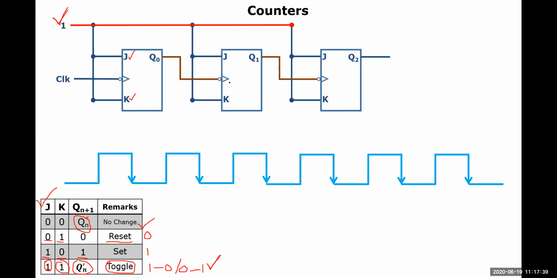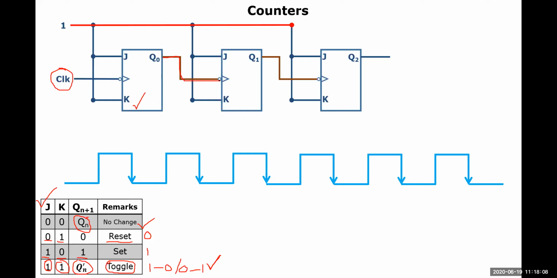Then the second point you need to understand: why is it called a ripple counter? Are there any specifications to be taken into consideration? Yes, there are some you need to understand. Flip-flop 1 takes the outside clock pulse, and flip-flop 2 depends on the output of the first flip-flop.